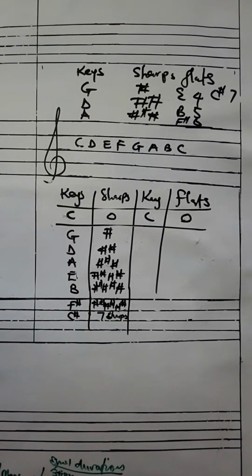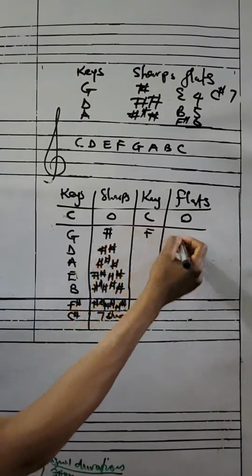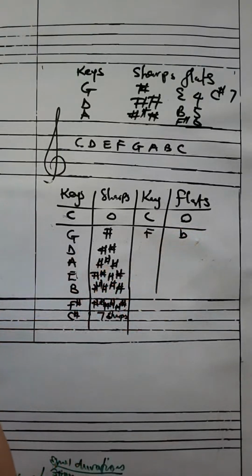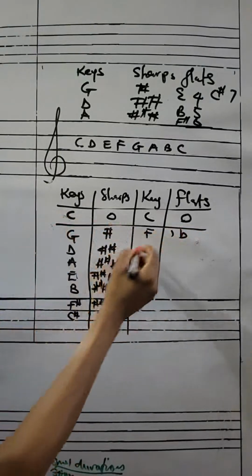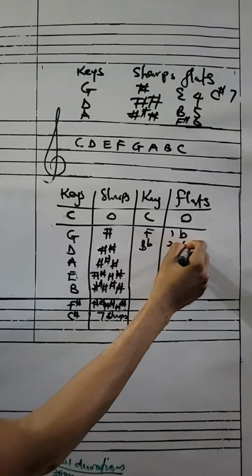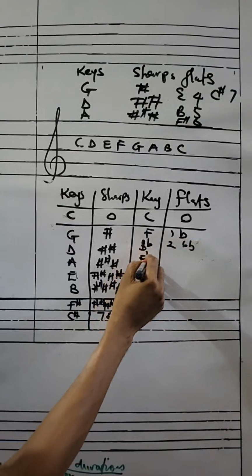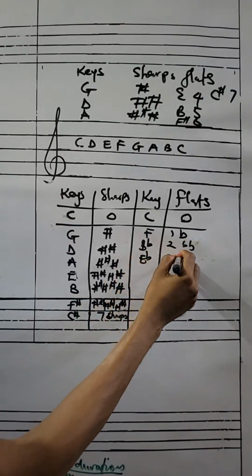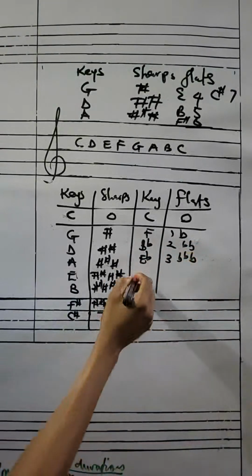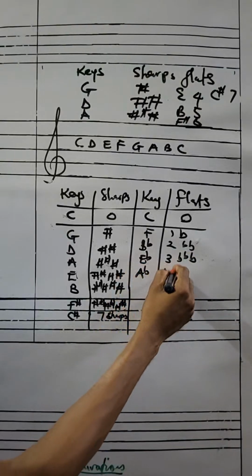On your flat keys, we have your F is 1 flat. Your B flat is equal to 2 flats. Your E flat is equal to 3 flats. Your A flat is equal to 4 flats.